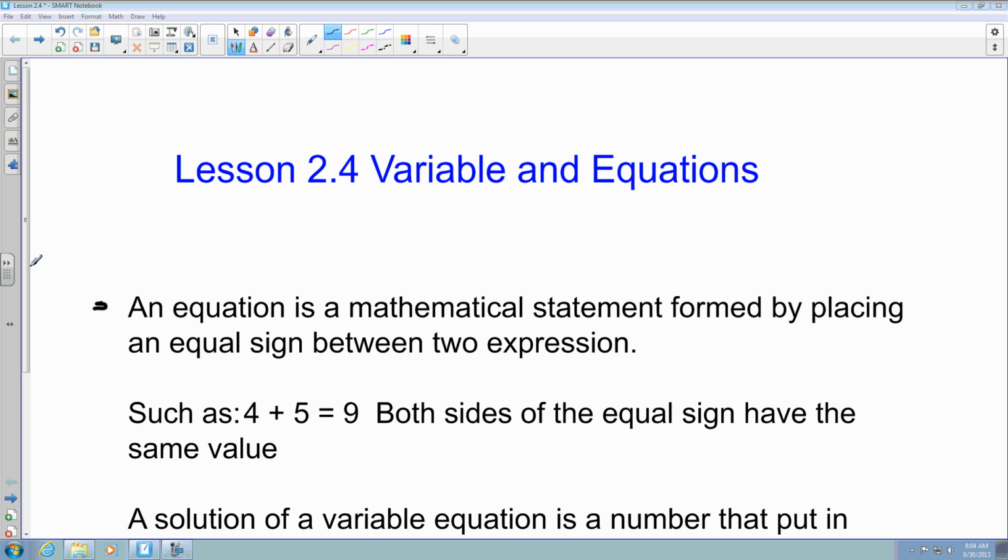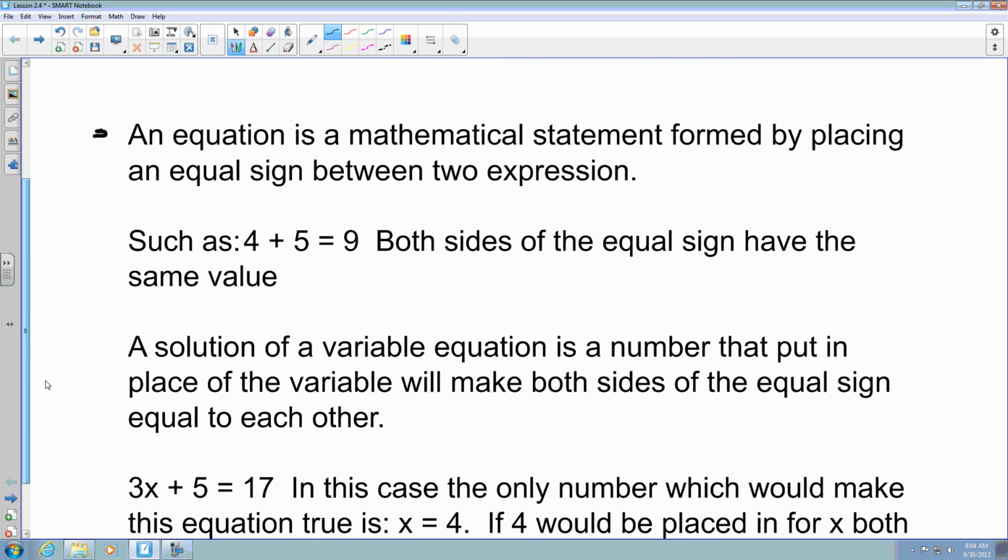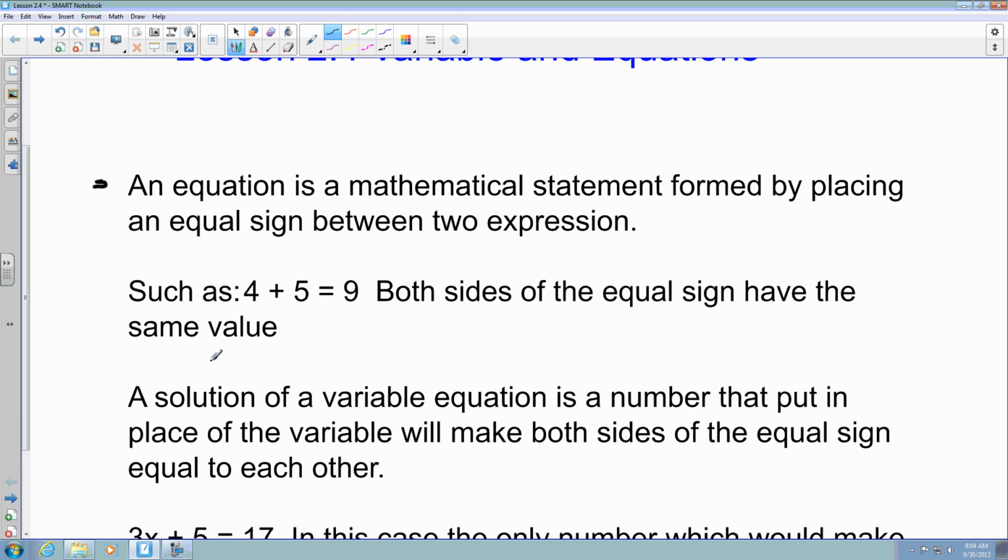But when we find a solution of a variable equation, we have to make assumptions, knowing that the equal sign means that this equation is balanced. That means we have to determine what that variable has to be in order for our equation to hold true.